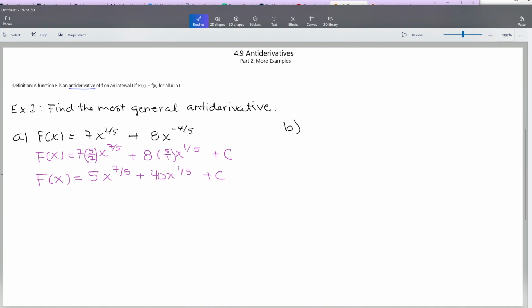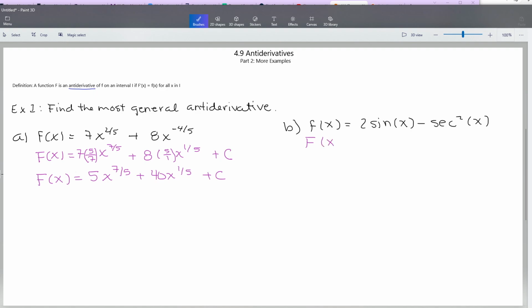Okay, so let's look at this one. Let's look at the antiderivative here.